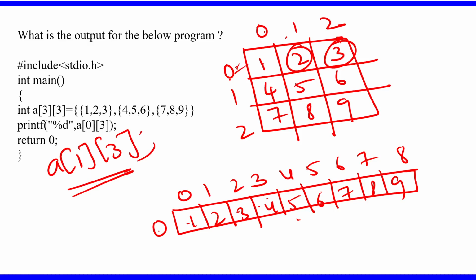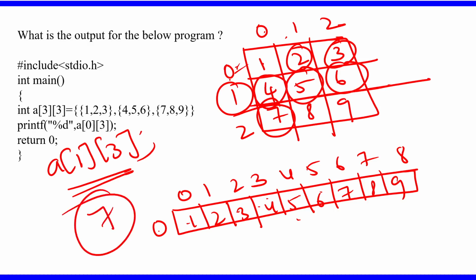A1 means which row? A1 means the second row, right? In this row, the 0th element is this, the first element is this, the second element is this, the third element becomes 7. So the answer is 7 for this.